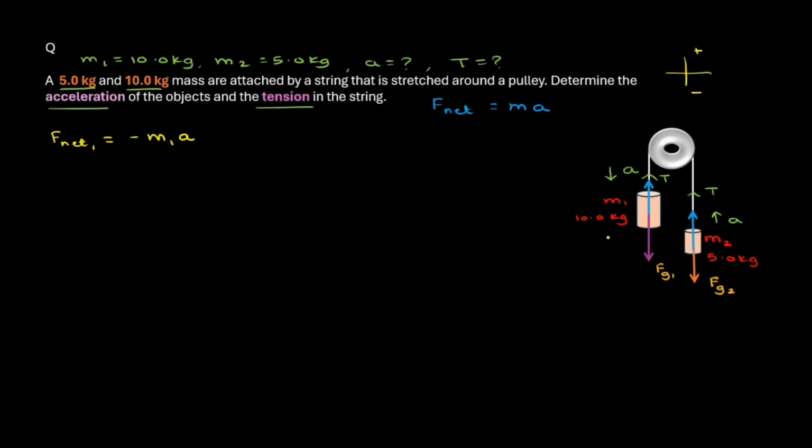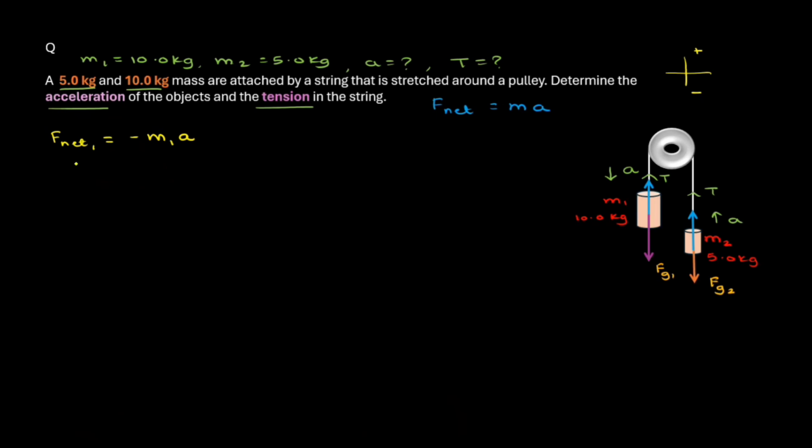The forces acting on M1 are the force due to gravity Fg and the tension in the string. To write the net force acting on M1, I have to take the vector sum of these two forces. When I say vector sum, I will add these forces, but I need to take their direction into consideration. Again, by convention, all forces pointing up we will take as positive, and the ones pointing down will be taken as negative.